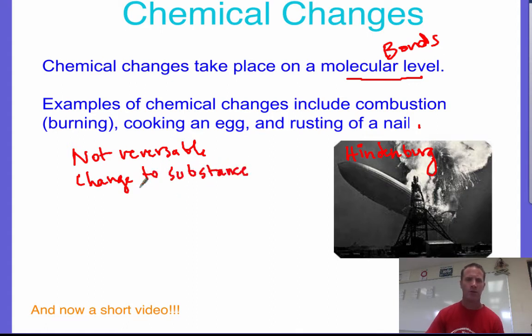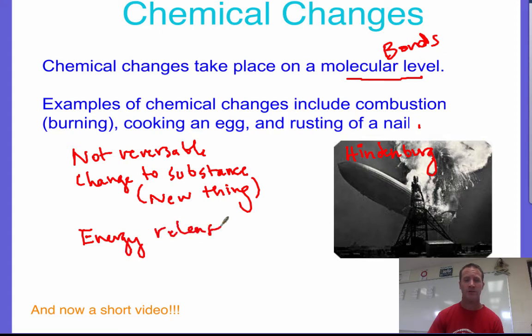So really you're getting a new thing out of it. And lastly, usually there's some sort of energy that is released as a result of this change. Again, that's because you're changing bonds and rearranging bonds and things like that. So that's a big deal.